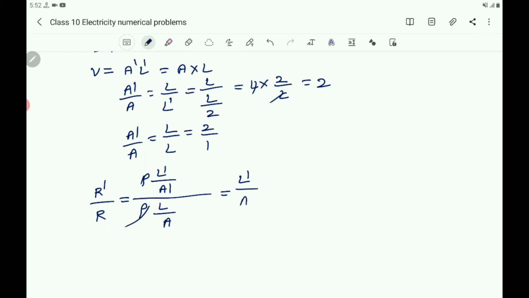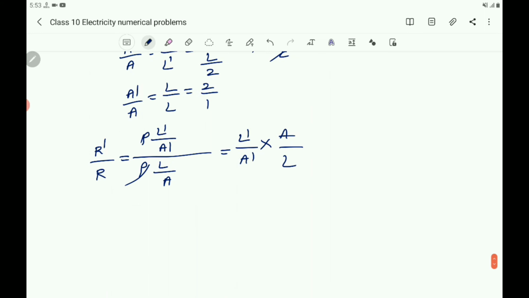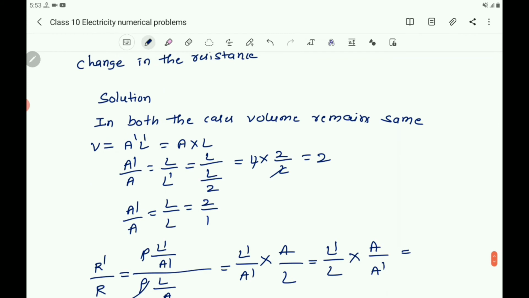L dash by A dash into A by L. So L dash by A dash, you write L dash by L into A by A dash. Here L by L dash is 2 by 1.